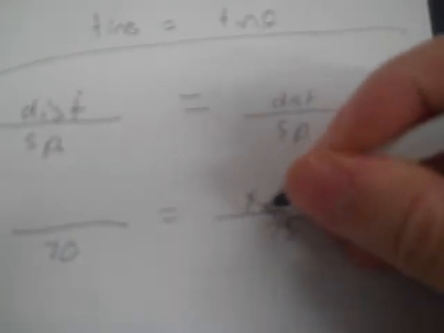Distances, the only thing we know about the distance is that the faster car went 60 miles further. So further means more. So you put plus 60 right here. That's your faster car. He'd be going 60 more. 60 more than what? Well, I don't know. So it's X and X.